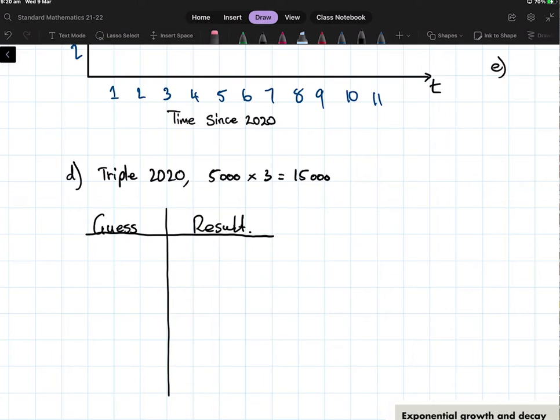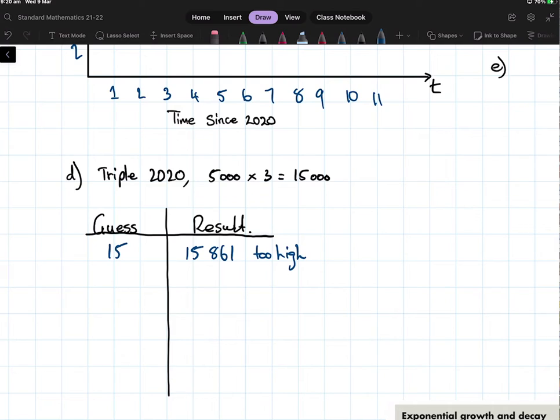So I think the first guess I want to throw out there is I'm going to guess 15. And when I throw 15 into our formula, it gives us 15,861, which is too high. So now I'm going to guess something lower.